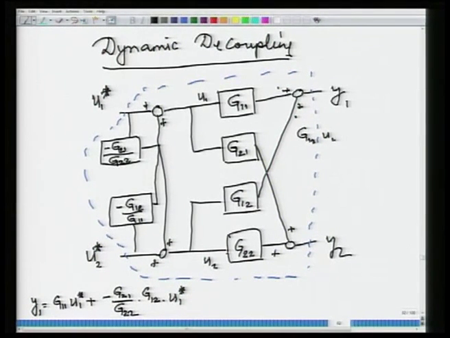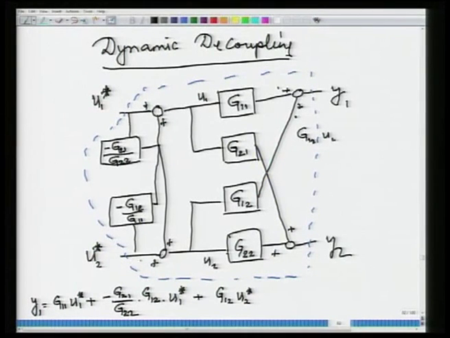What is the dependence of y1 on u2 star? Well, if u2 star goes up as a step, the effect on y1 would be plus g12 into u2 star.